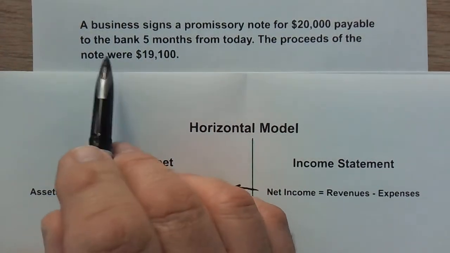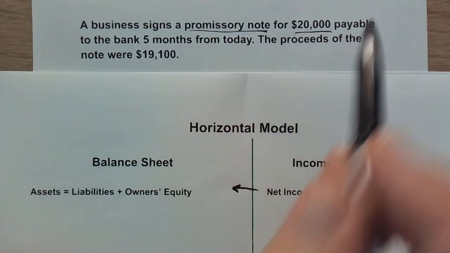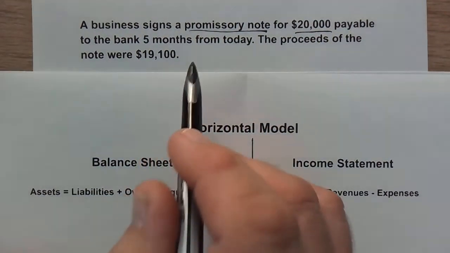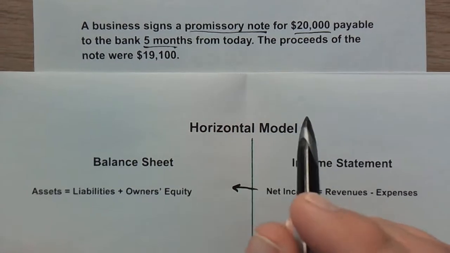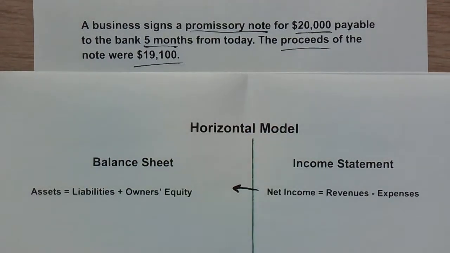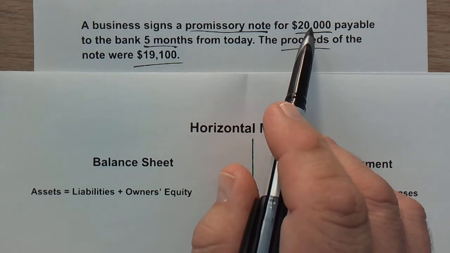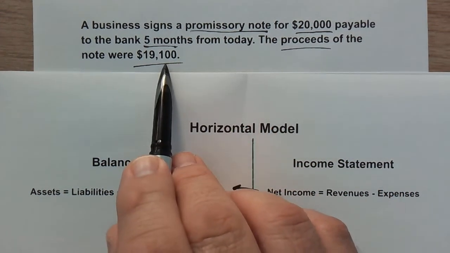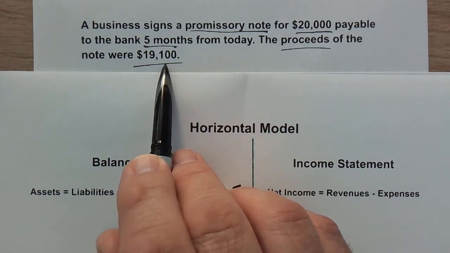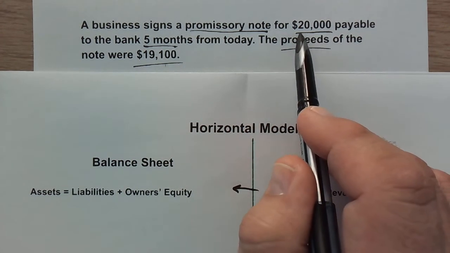All right, going back to this, we have a business that signs a promissory note for $20,000 payable to the bank 5 months from today. The proceeds of the note were $19,100. So in other words, it's prepaid interest. This is a discounted note. So the business today receives $19,100 cash, but 5 months from now, they're going to pay the bank back $20,000.